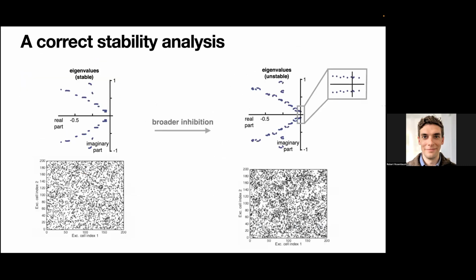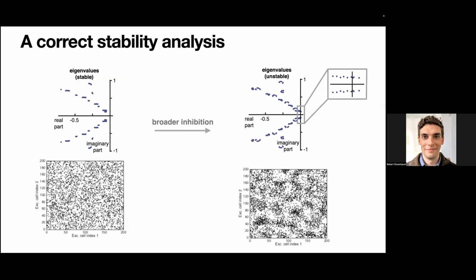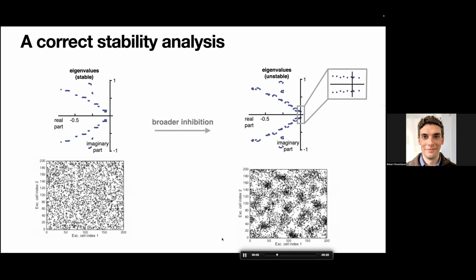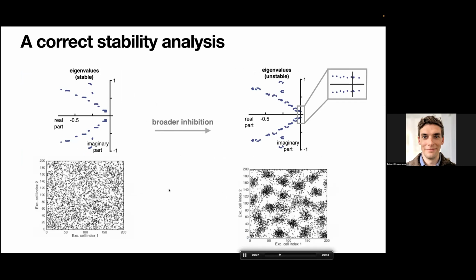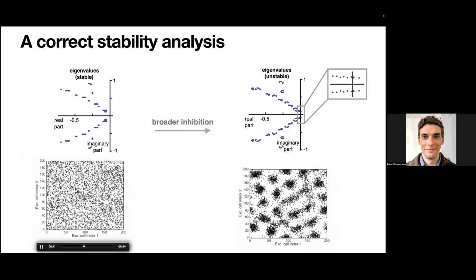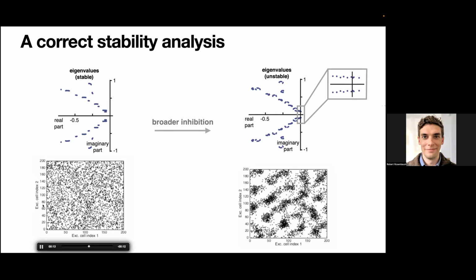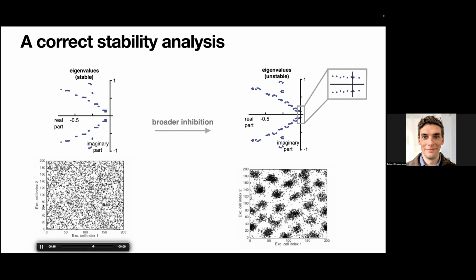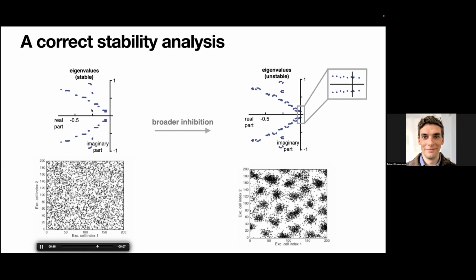Okay, so what happens if we perform this analysis? Now things seem to work out. In the case where we see the homogeneous fixed point looking stable, we get all eigenvalues with negative real part.